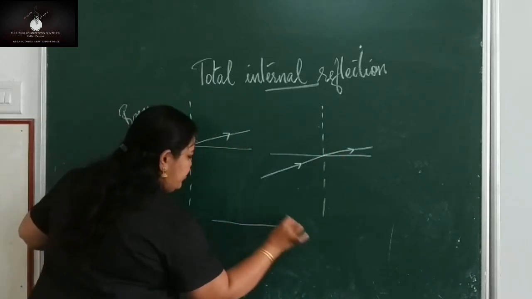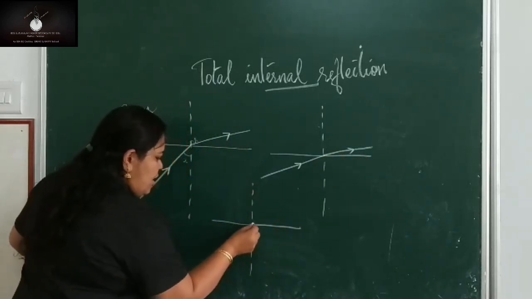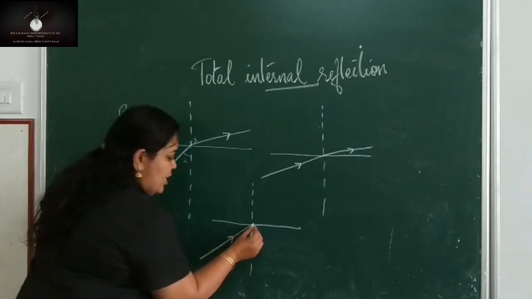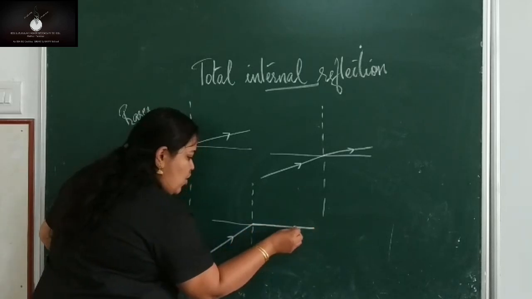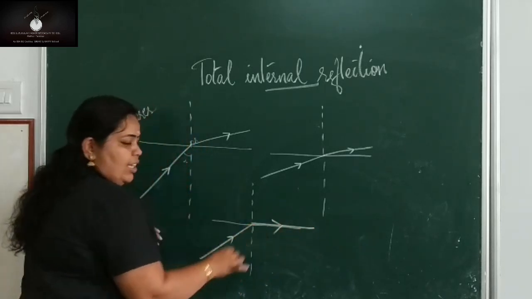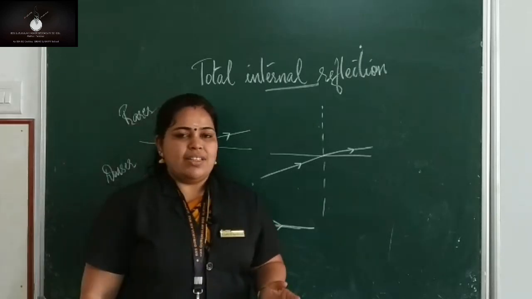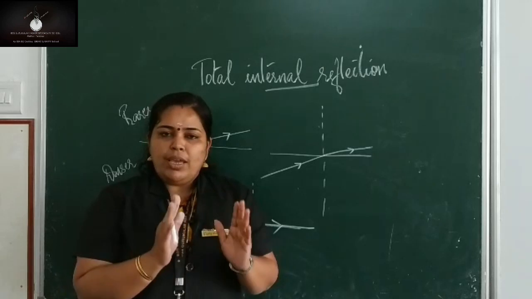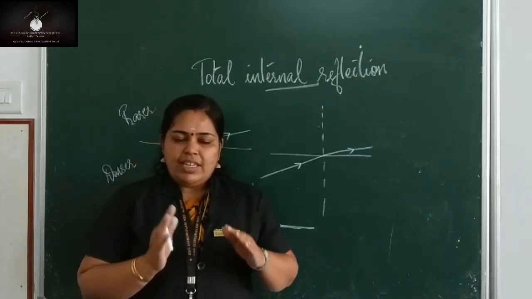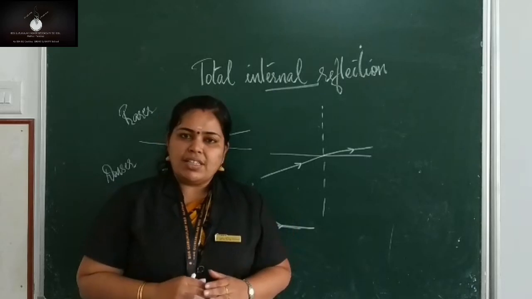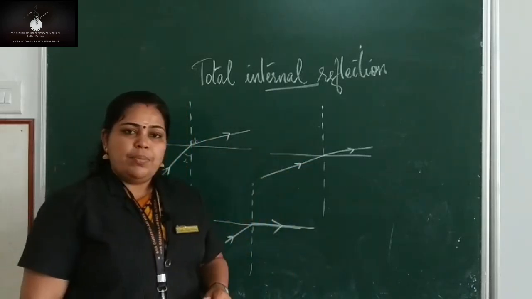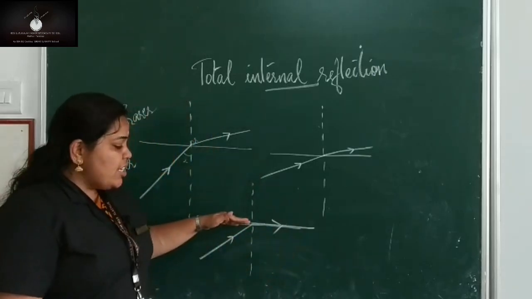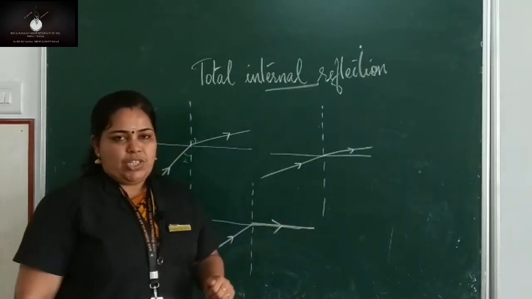And at a particular angle of incidence, we can see the refracted ray moves along the surface of separation. That is, as the angle of incidence changes, the angle of refraction keeps changing. It will not be the same. And at a particular angle of incidence, we can see the refracted ray moves along the surface of separation.